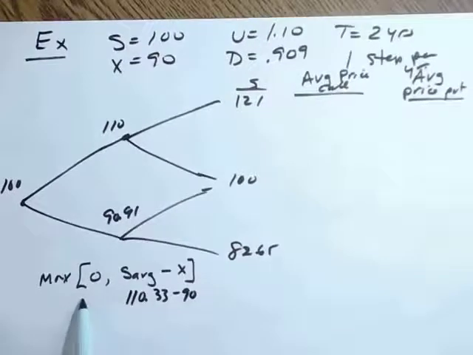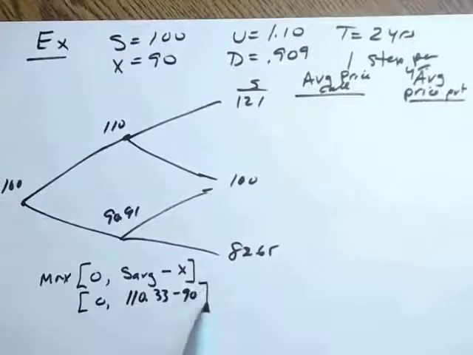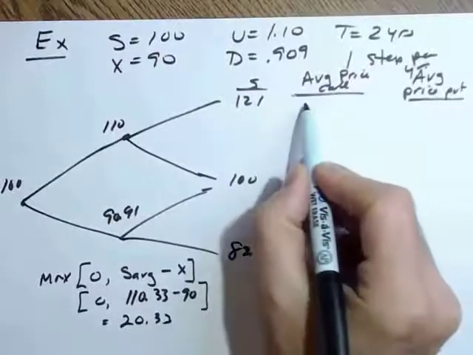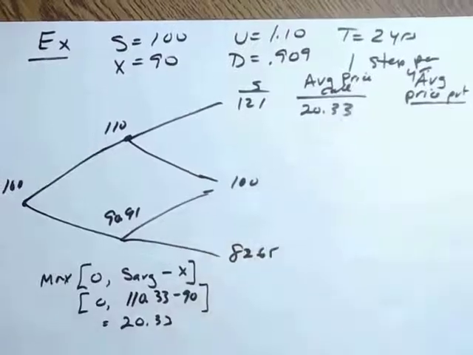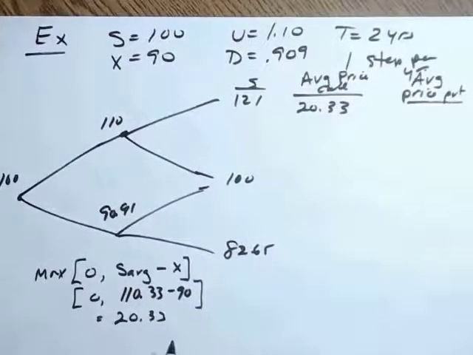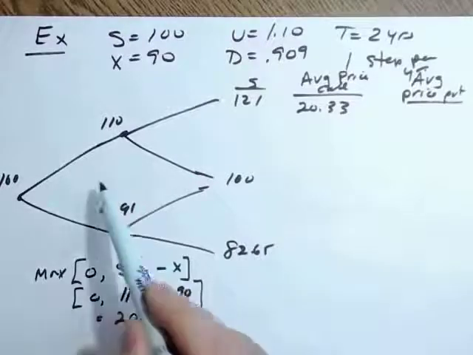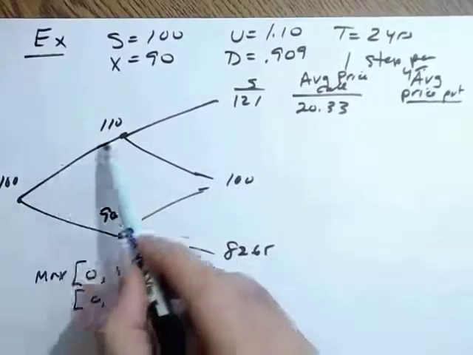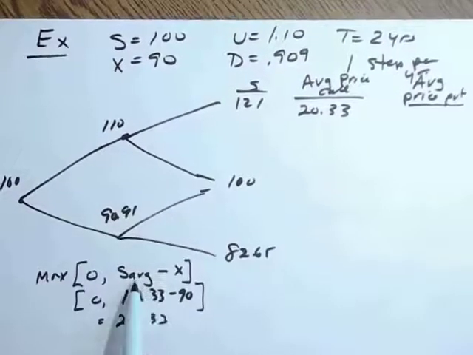So obviously the maximum of this is going to be $20.33. So $20.33 is the payoff with the average price call in that situation. Notice again, the path is what determined this average price.